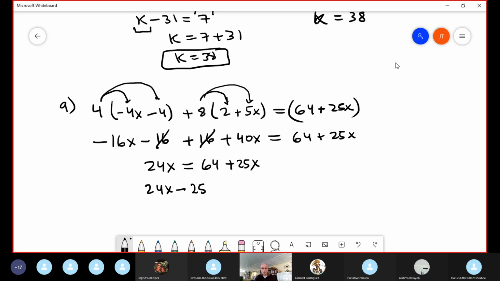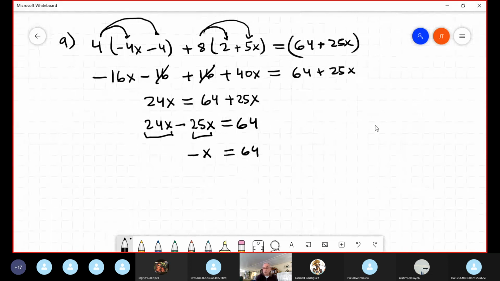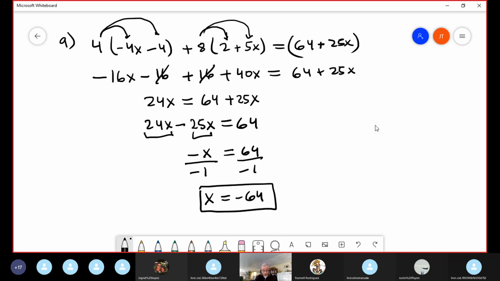This no, I move to the left. And the numerical stays on the right hand side. And we combine like terms one more time. That's negative x equals 64 because 24 positive minus 25 is negative 1. It's obvious, right? And this is not the answer, because I need the value for x, not negative x. So you finally divide by negative 1. x is equal to minus 64. This is my beautiful final.